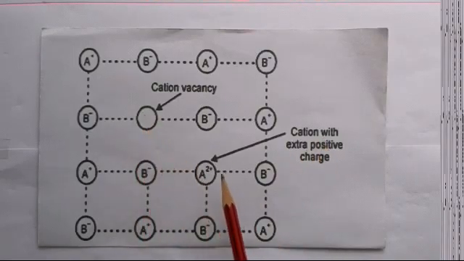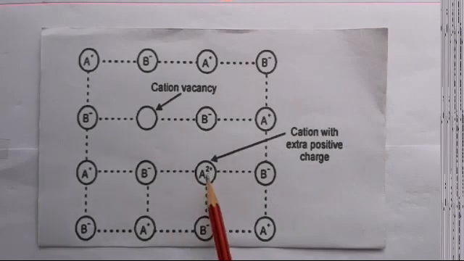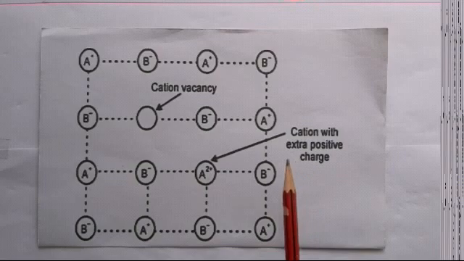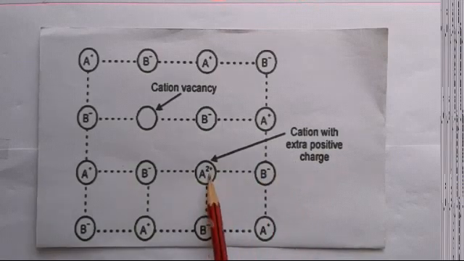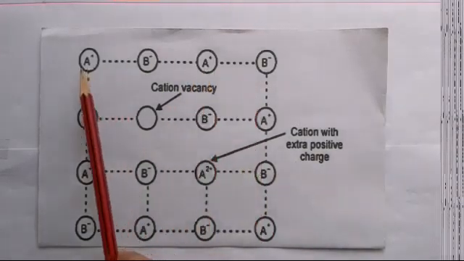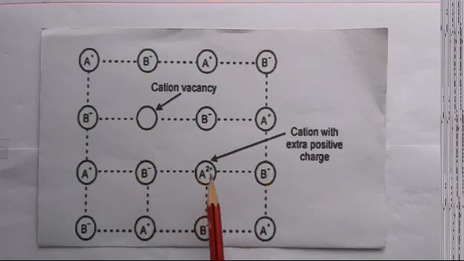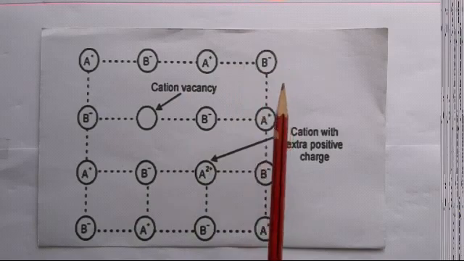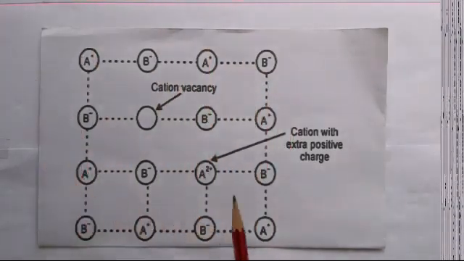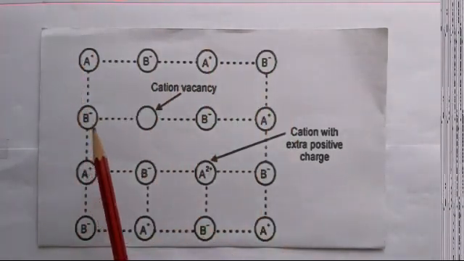Now an impurity has gained the interstitial position, a cation with extra positive charge, 2 positive. All the cations have one positive charge, but this cation has 2 positive charge. So it is maintaining electrical neutrality of the crystal.